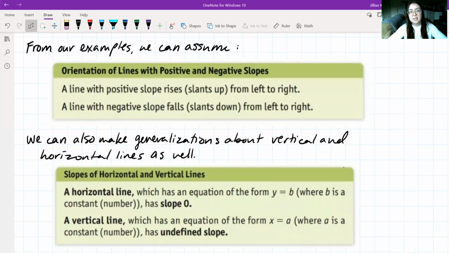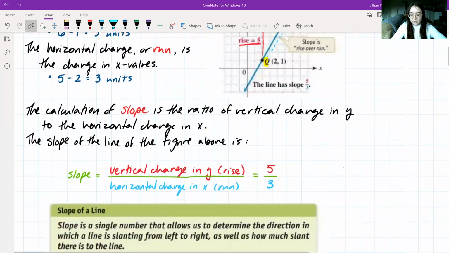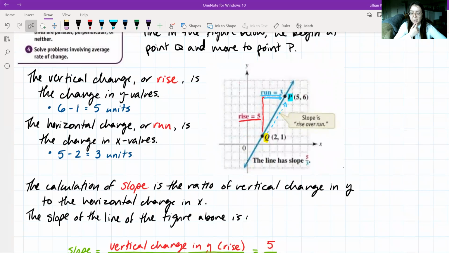So from our examples, the one that we just did together, and the images that we saw before, we can assume that a line with a positive slope rises or slants upwards from left to right. So in an image like this, or like this, we see we have a positive slope. We're slanting upwards from left to right.